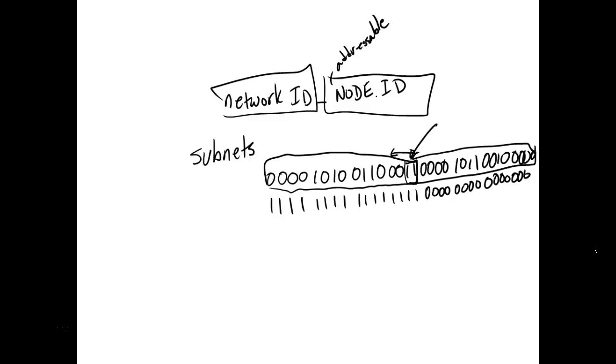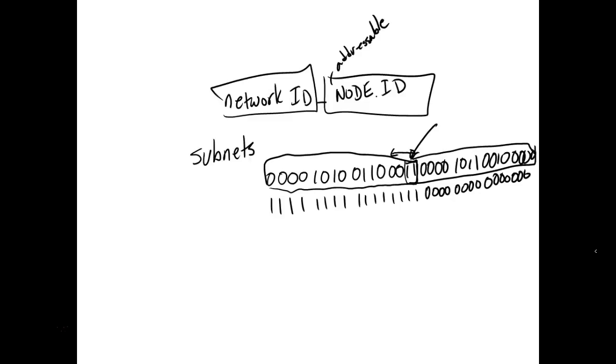On a class C, which is the smallest you can have, those are your 172s, 192s, all that. Those are class Cs. And those use a subnet mask of 255.255.255.0. And it'll automatically assign the subnet mask now.